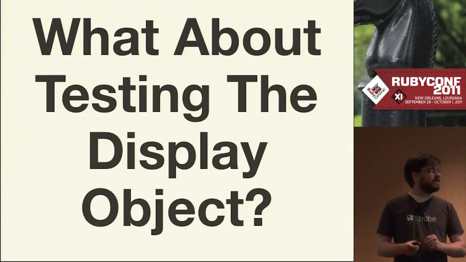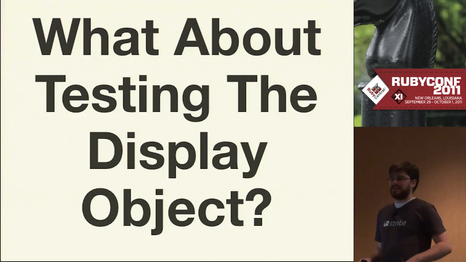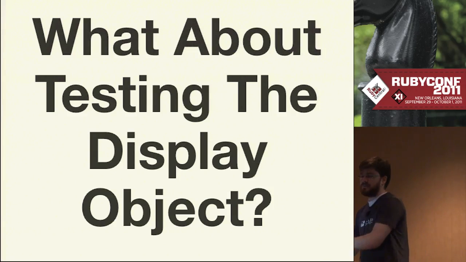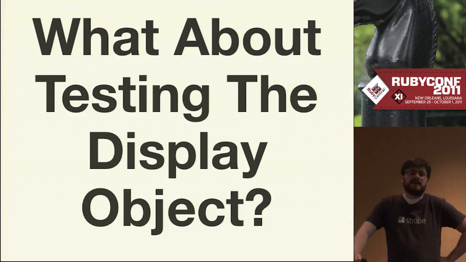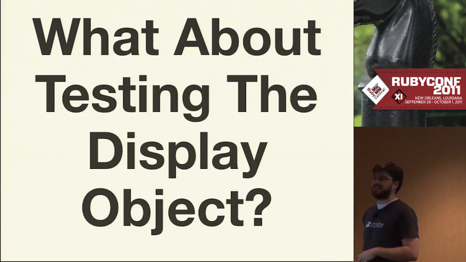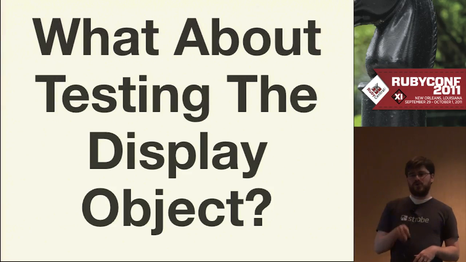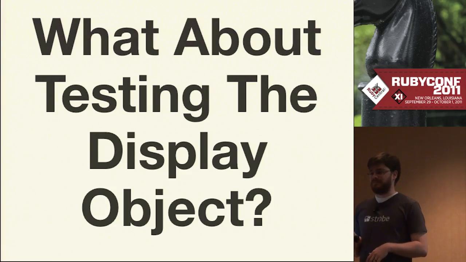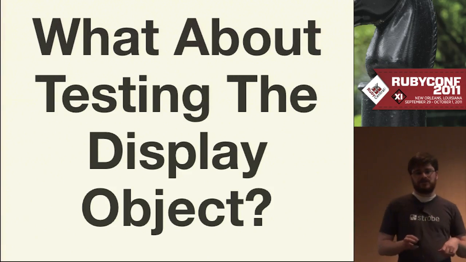So what about testing the display object? It's like, am I just getting into a problem that this is going all the way down? Well, Steve Freeman and Nat Pryce, the guys who are heavy into the London School of TDD, actually say no. In those cases, you should not write unit tests. You should not isolate that object.